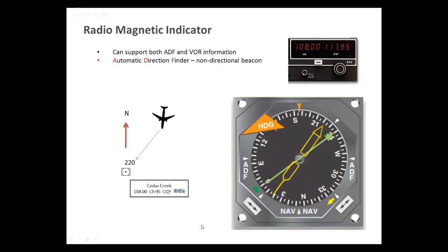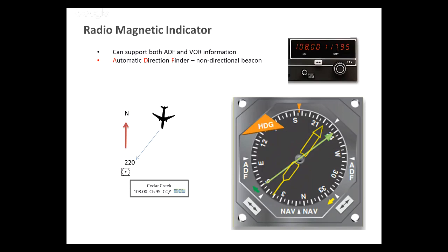And then there's a third gauge that is known as an RMI, radio magnetic indicator. And this is where our ADF comes in. Now, one thing I forgot to mention when we started talking VORs is VORs are actually a dying technology.